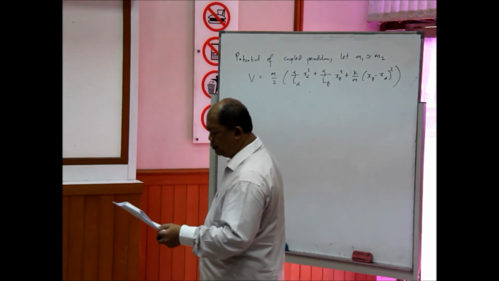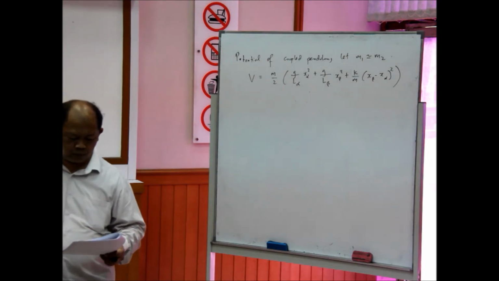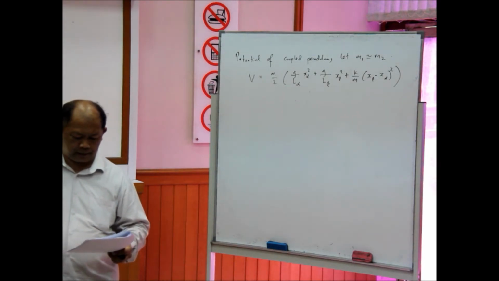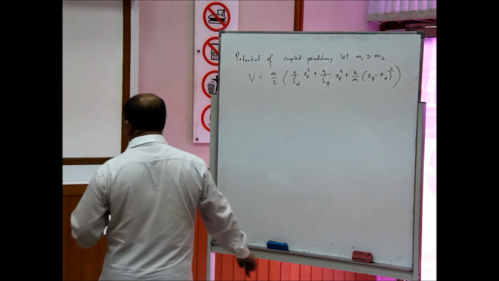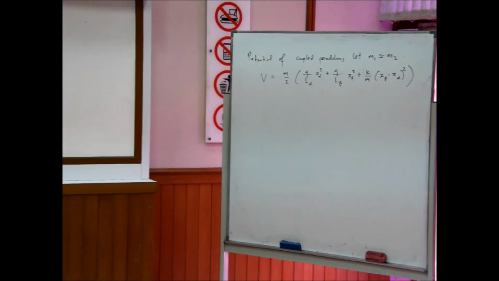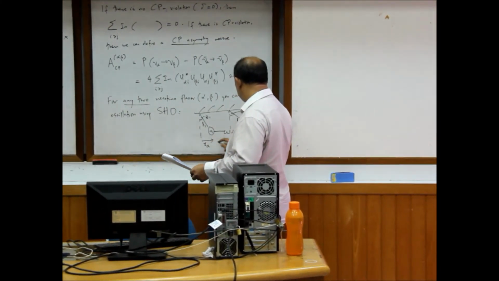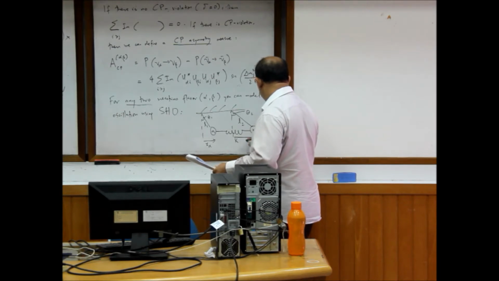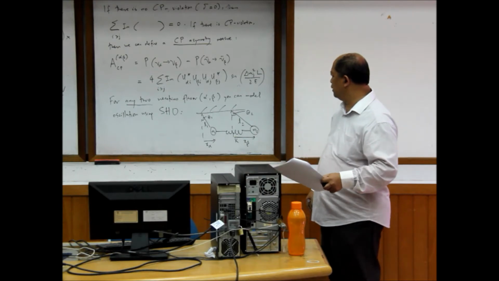So this is a quadratic form of the coupled pendulum. What are XA, XB? They are the displacements from the vertical.